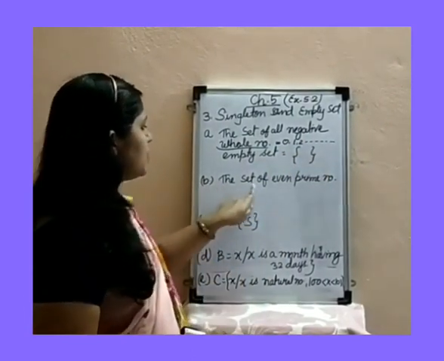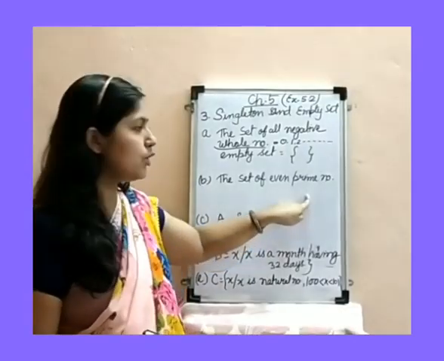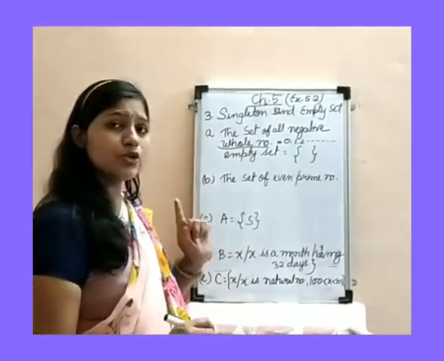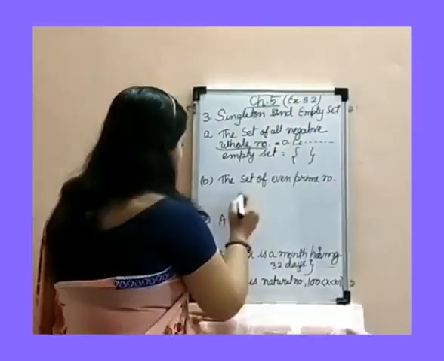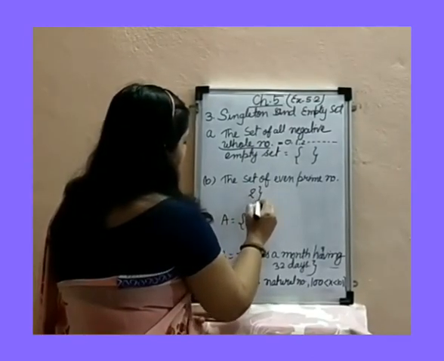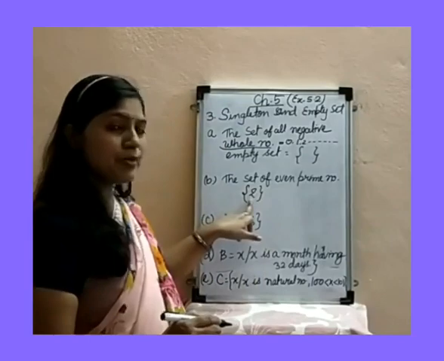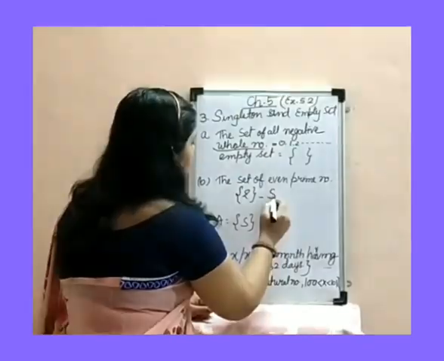B is the set of even prime numbers. We all know the only even prime number is 2. Only one element is here, so this will be a singleton set.